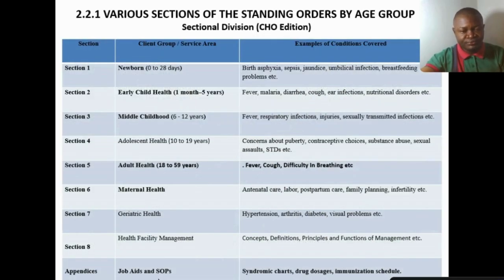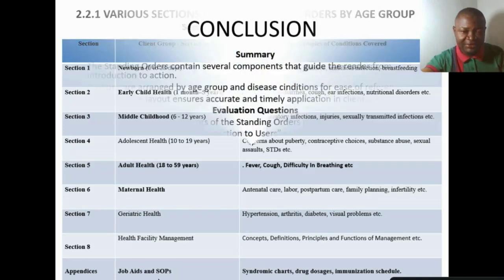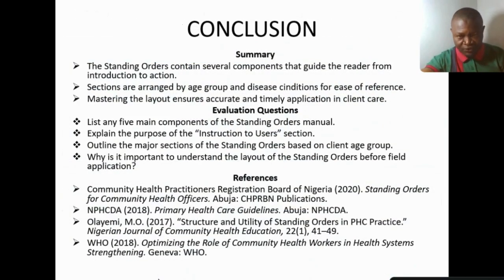So I advise you to take time, go through this table, and see what is where in the standing orders, and that will enhance your ability to navigate the standing orders to locate whatever it is you are looking for. By way of conclusion, the standing orders contain several components that guide the user from the introduction to the action.